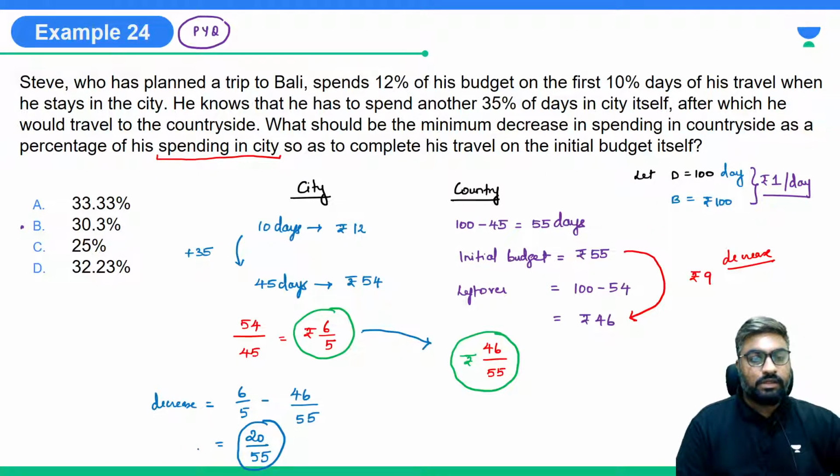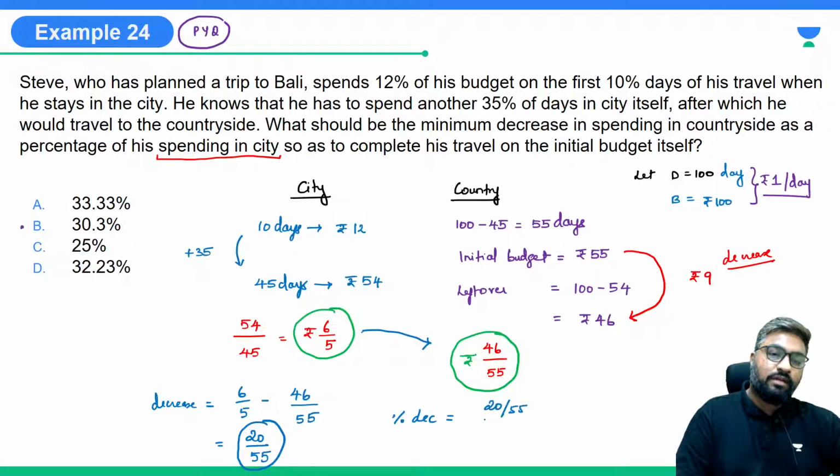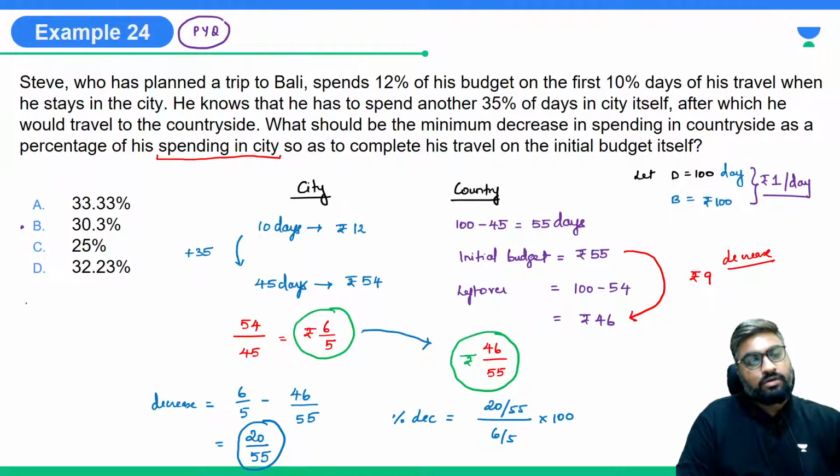Yes, this has to be as a percentage of spending in city. So percentage decrease will be 20 by 55 upon 6 by 5 into 100. Yeah, this we can rewrite as what? यहाँ पे कर रहा हूँ calculation, बहुत सारे calculation errors हो रहा है, so do it carefully itself.